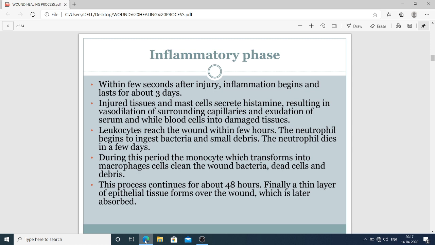They form the covering of all body surfaces, line body cavities and hollow organs, and are the major tissue in glands. The main functions of epithelial tissues are to provide protection, then secretion, absorption, filtration, diffusion and many other functions.